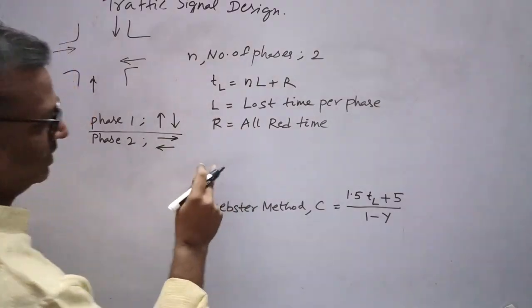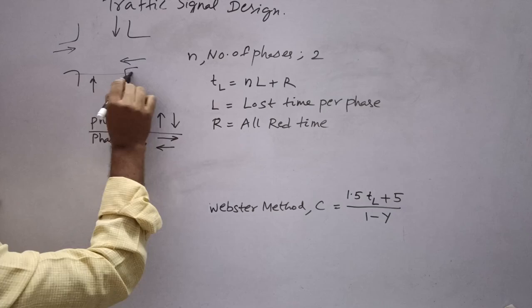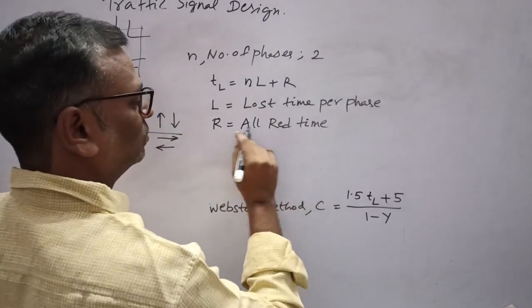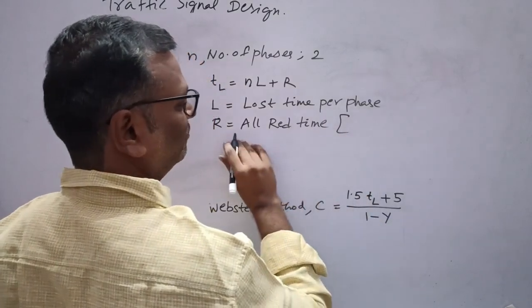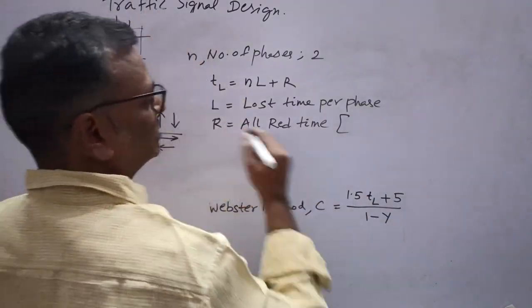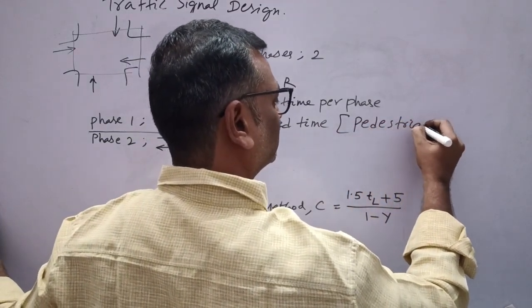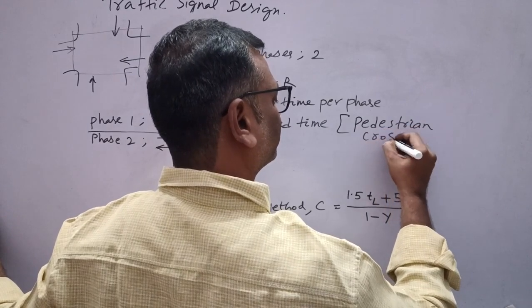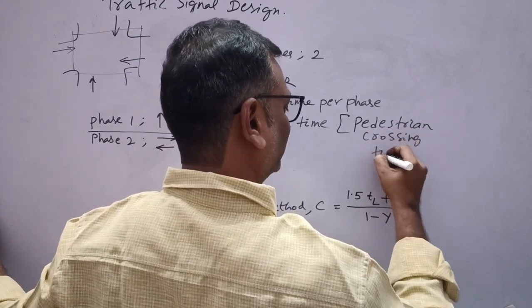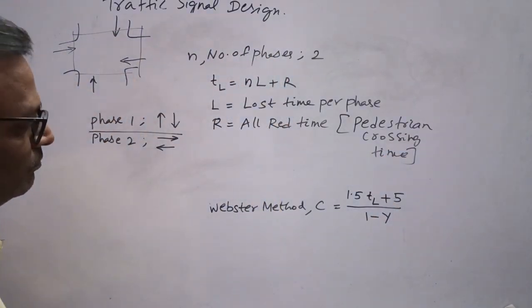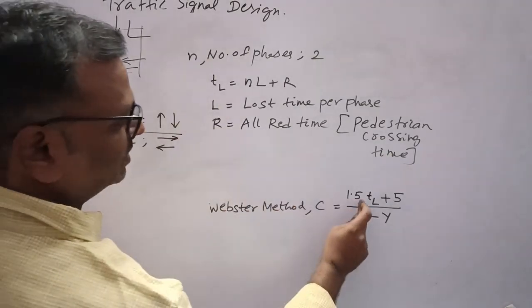It is for pedestrian traffic, so pedestrians will be moving all along the roads. So all red time means red for all the approaches. We can call it pedestrian crossing time. Generally pedestrian crossing time is all red time. And now TL is clear.